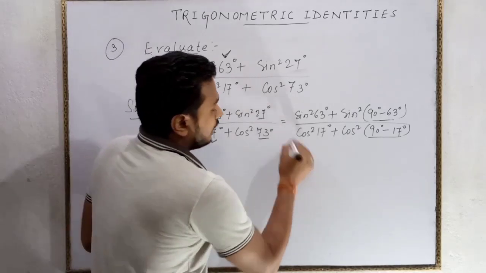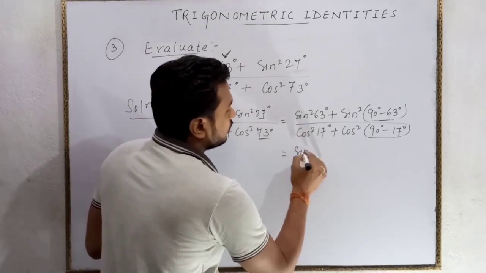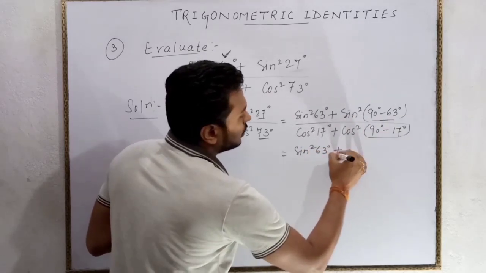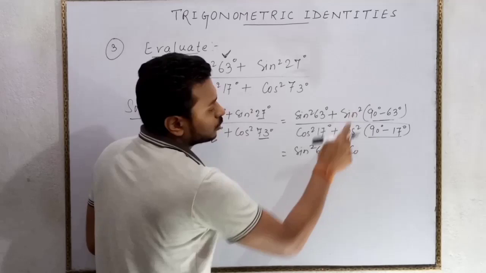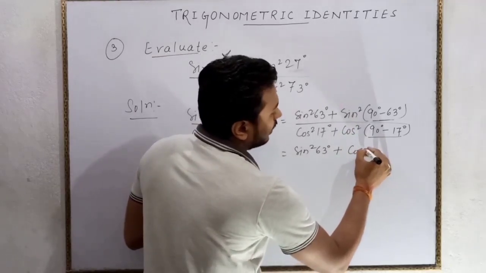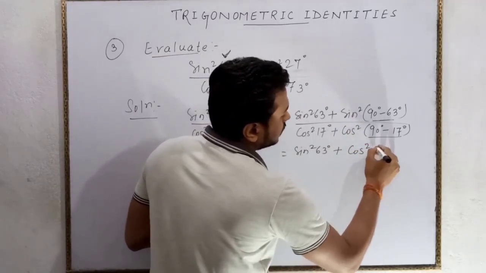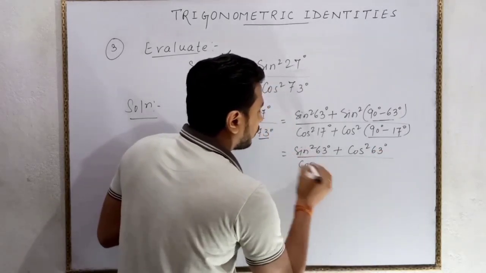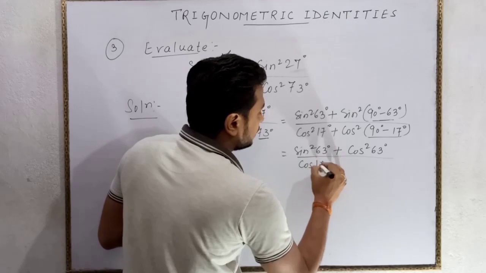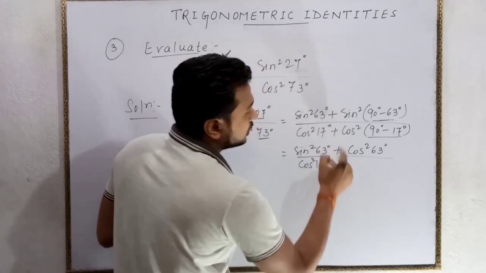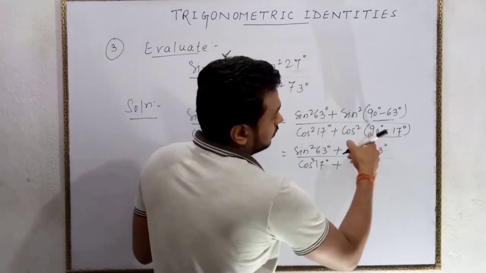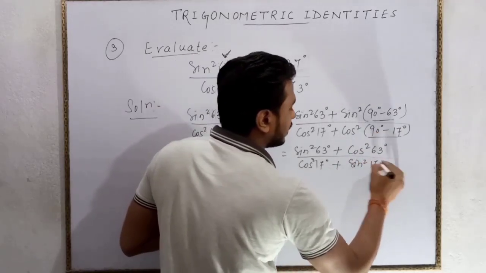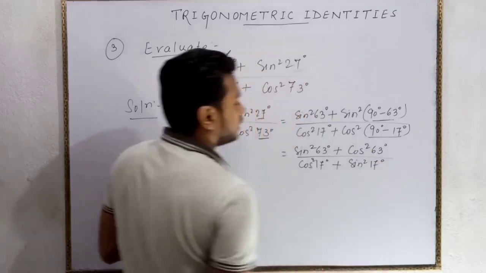Okay, and now by using the formula of complementary angle, sin of 90 minus theta is equal to cos theta. Since there is a square of sin, we can write square of cos 63 degree and cos square 17 degree plus cos square 90 minus theta is equal to sin square theta, sin square 70.